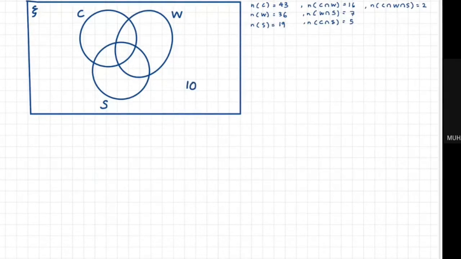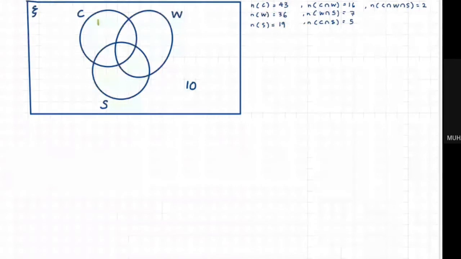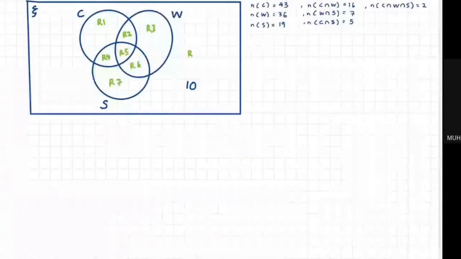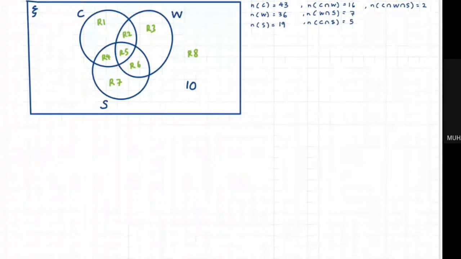So first, look at these 3 overlapping circles. So there will be 8 different regions. So this is region 1, region 2, region 3, region 4, region 5, region 6, region 7, and region 8. How do you find this region?